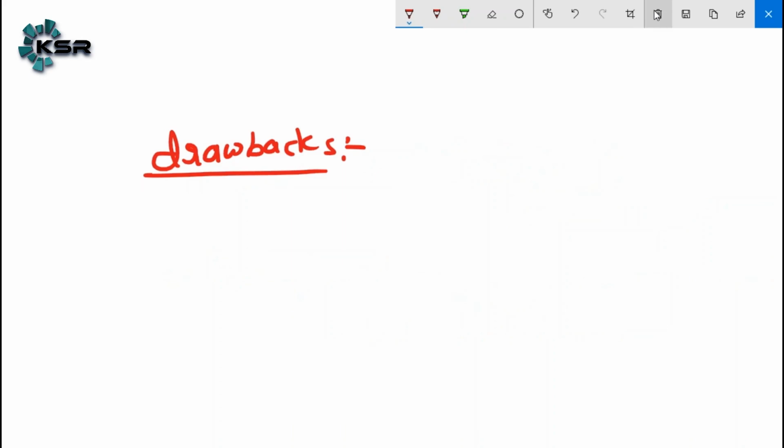Now the drawbacks of binomial distribution. The first property we said is that the number of trials is fixed. Let's say the number of trials is 1000, that means n is equal to 1000.